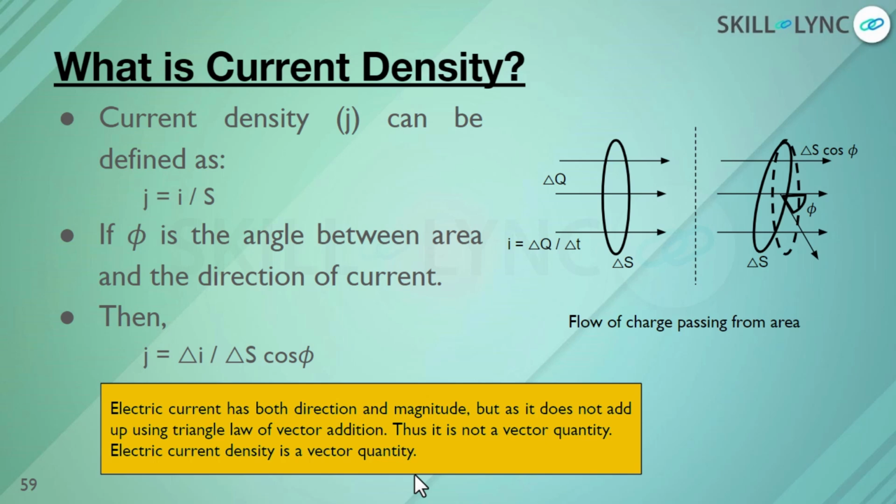The conditions for a quantity to be a vector are that it should have both direction and magnitude, and it should also add using the triangle law of vector addition. Electric current doesn't add up using the triangle law, thereby it is a scalar quantity. Rather, electric current density is a vector quantity.